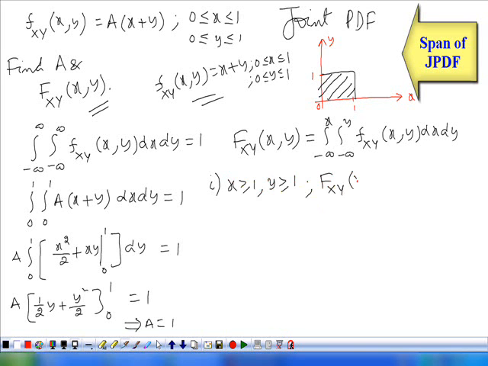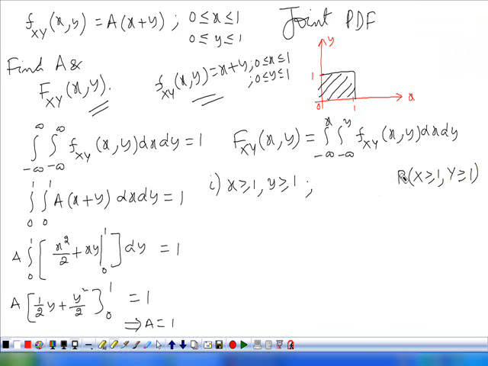This F_XY(x, y) indicates the probability of x greater than or equivalent to 1 and y greater than or equivalent to 1. Actually, we have to consider the event in which both the conditions are satisfied, that is x greater than or equivalent to 1 and y greater than or equivalent to 1.